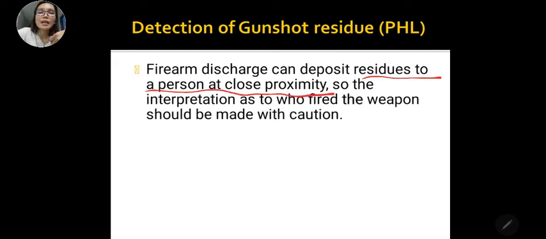So, hindi ibig sabihin na kung sino lang yung nag-fire ng gun, siya lang yung pwedeng makahanapan ng gunpowder residue. So, interpretation as to who fired the weapon should be made with caution. That is why the result of an examination on gunpowder residue is not actually conclusive in court. So this is only corroborative evidence.